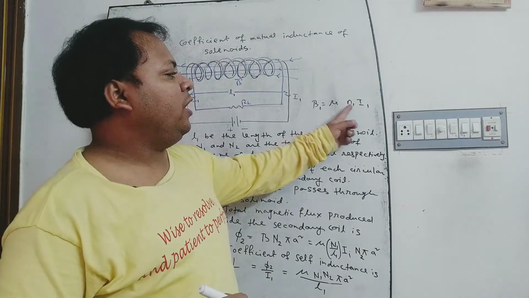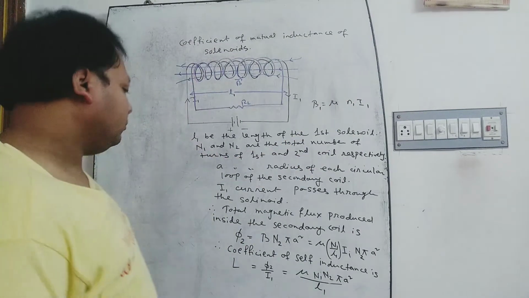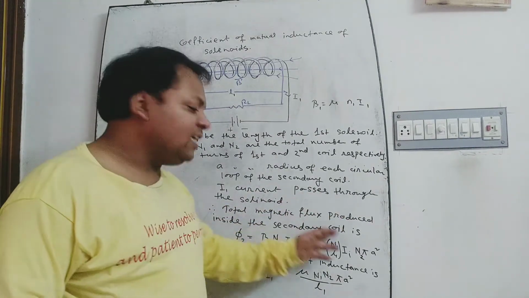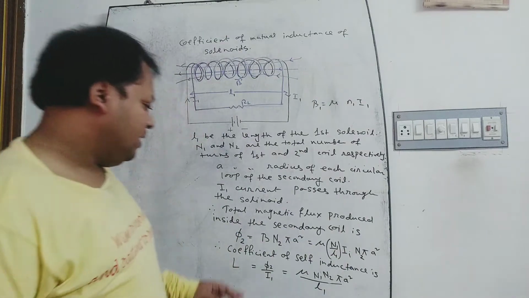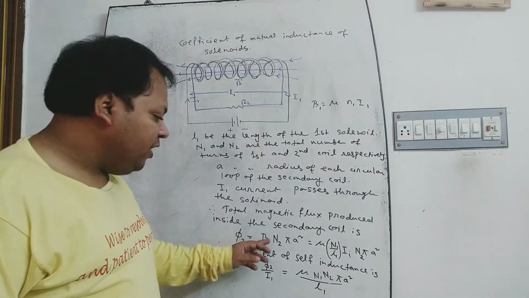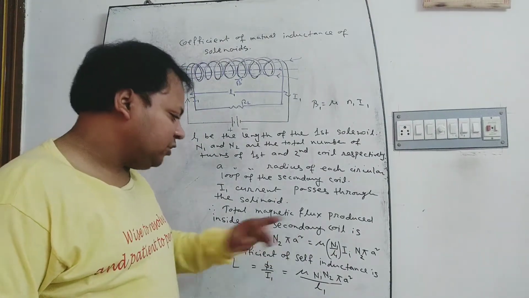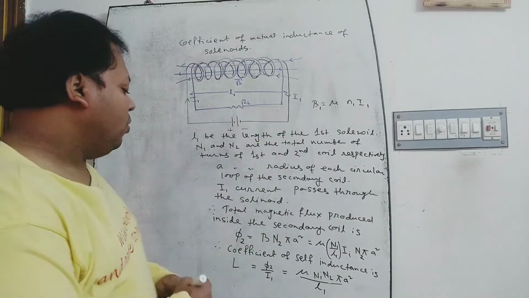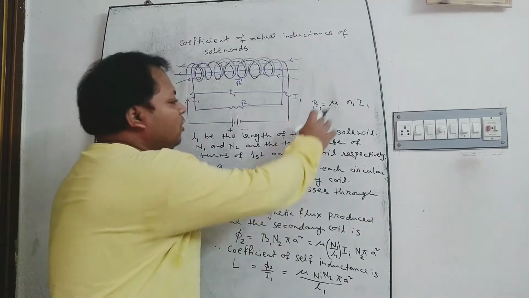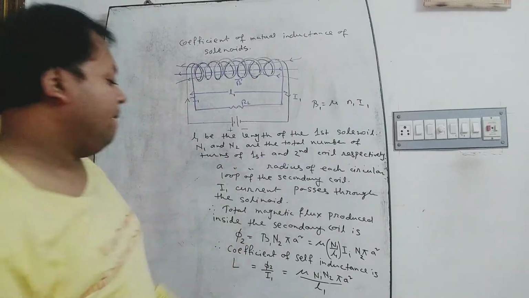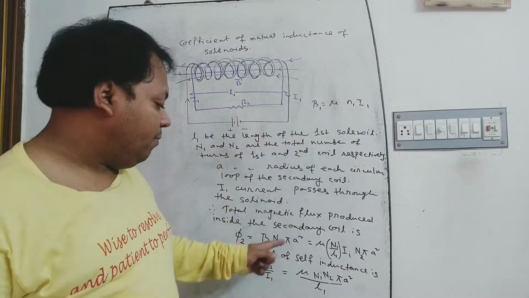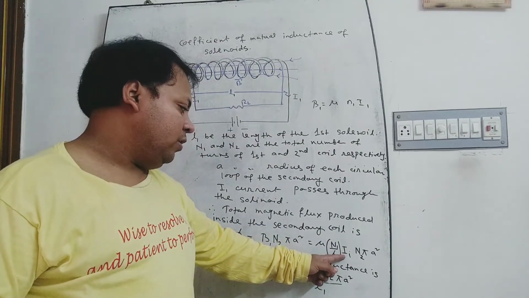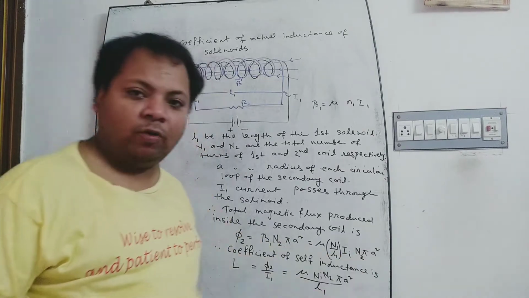The total magnetic flux produced inside the secondary coil is phi 2 equals B1 into N2 pi a squared. Now we can substitute the value of B1. Therefore phi 2 equals mu N1 by l1 into I1 into N2 pi a squared.